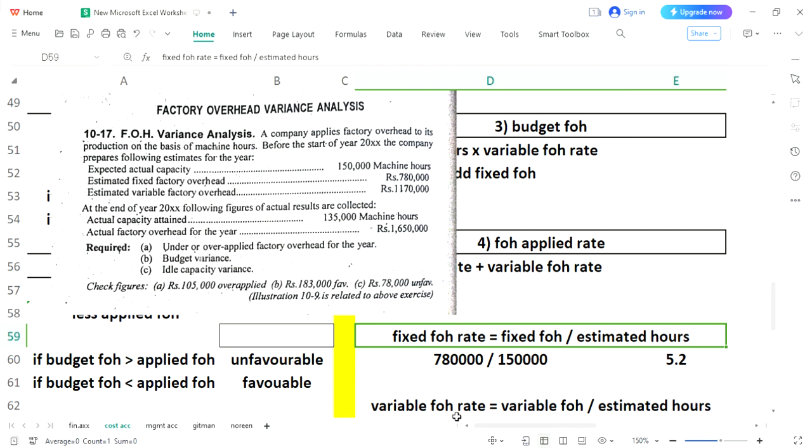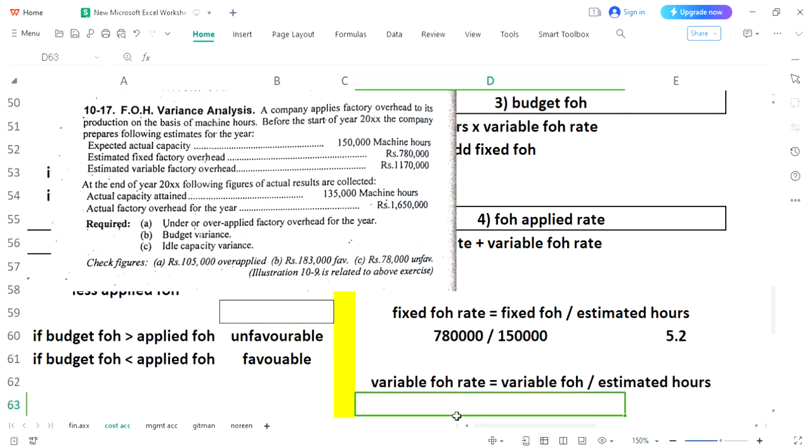Then you will calculate your variable FOH rate. How would you calculate it? By dividing variable FOH by estimated hours. So come over here and read it. Variable FOH is 11,70,000, which is mentioned here. Put 11,70,000 here, and then you need to divide it by estimated hours.